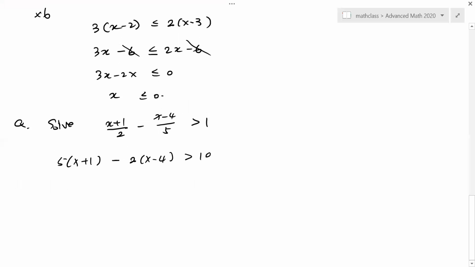Right. Then you get rid of parentheses, so 5x plus 5 minus 2x, be careful, negative 2 times negative 4 is going to be 8, greater than 10.